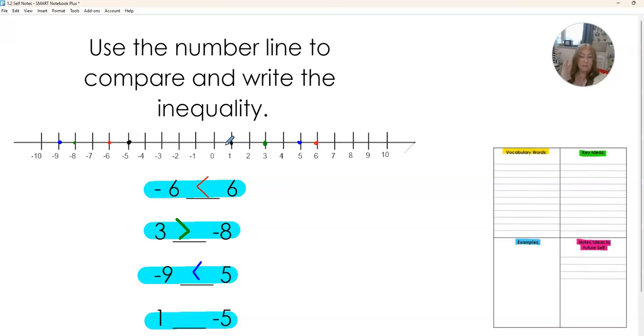So I can see 1 is bigger. It's more to the right. So I open it up to the big side. 1 is greater than -5. You can read it backwards. -5 is less than 1. So we go forwards and backwards. The big side always opens up to the number that's more to the right on the number line.